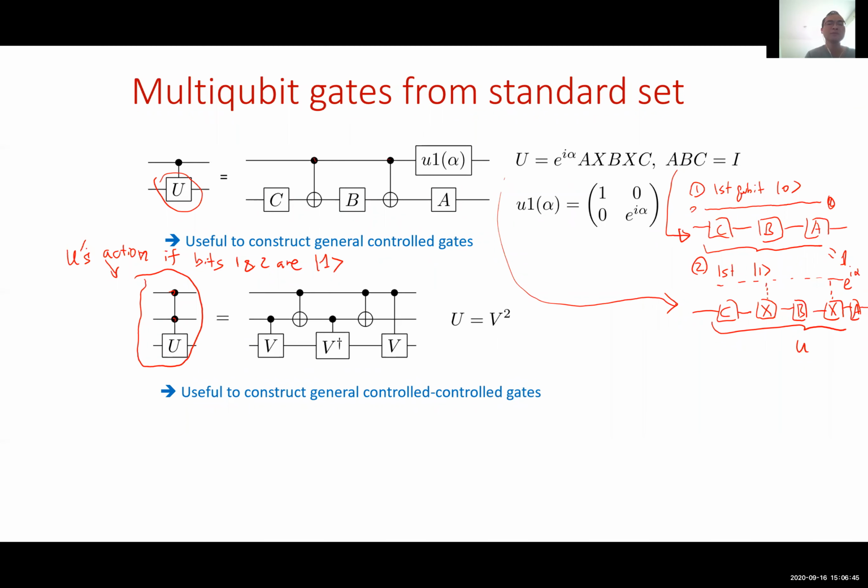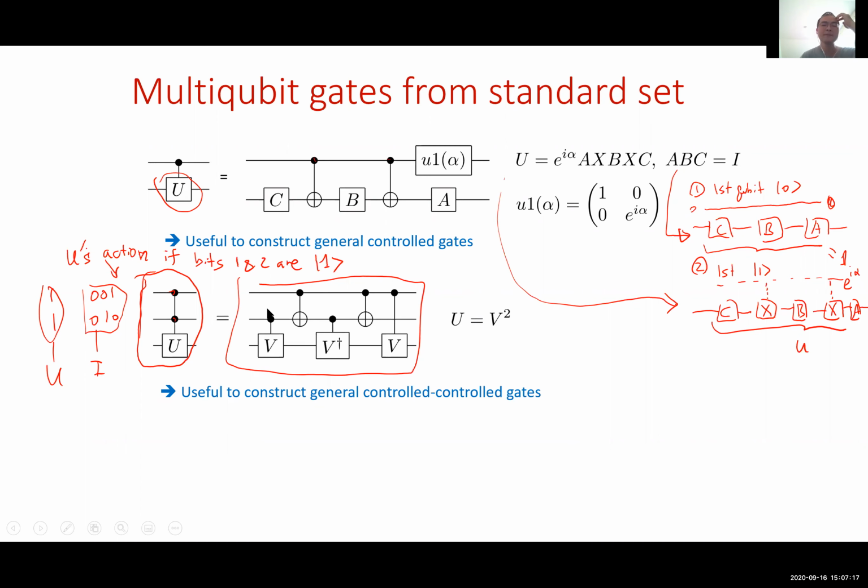Okay, so how do we see this? This is shown on the right hand side. If the first 2 bits are 0,0, 0,1, 1,0, the action is identity, but the non-trivial case is if it's 1,1, then you have a U. Okay, that's the meaning of this gate.